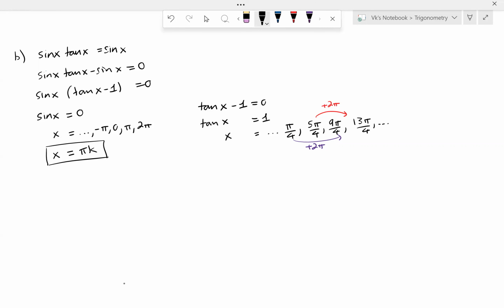On closer look, you see that we can get from one angle to another by adding pi. So this tells us that we can write the general solution as x equal to pi over 4 plus pi k. Very cool.